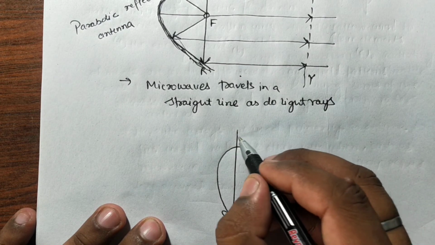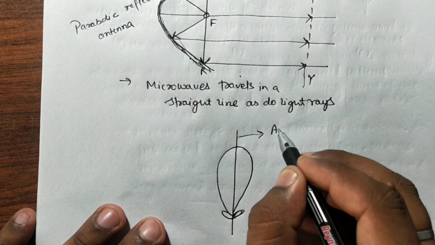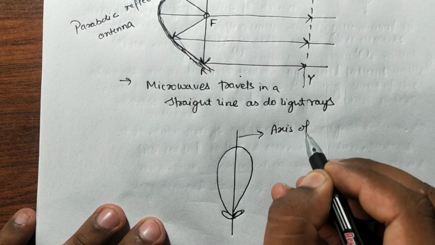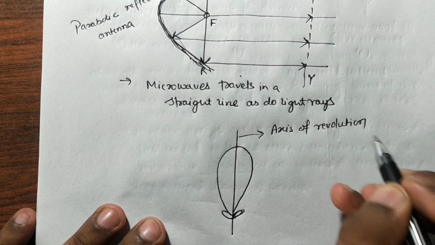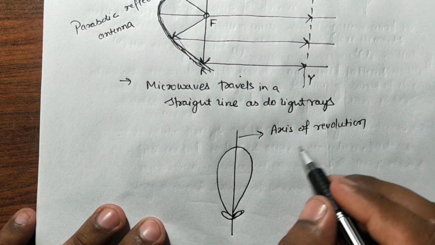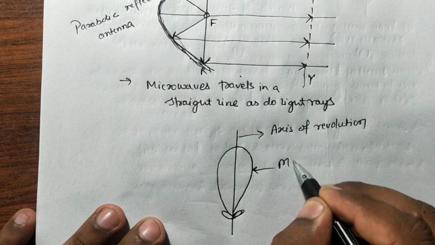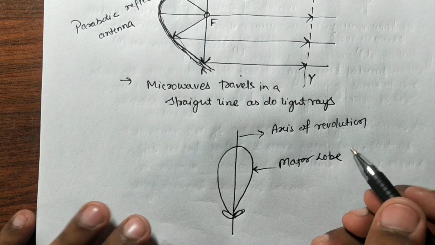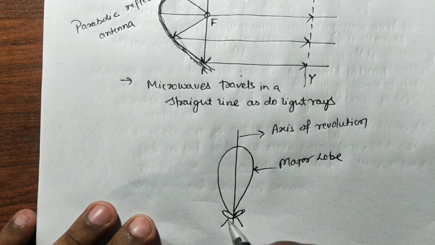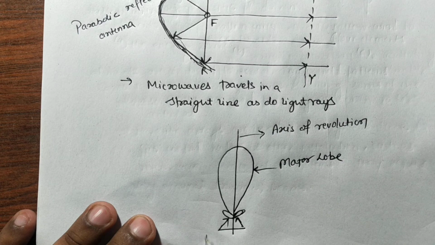This is the axis of revolution. And this is the major lobe. And these are basically minor lobes.